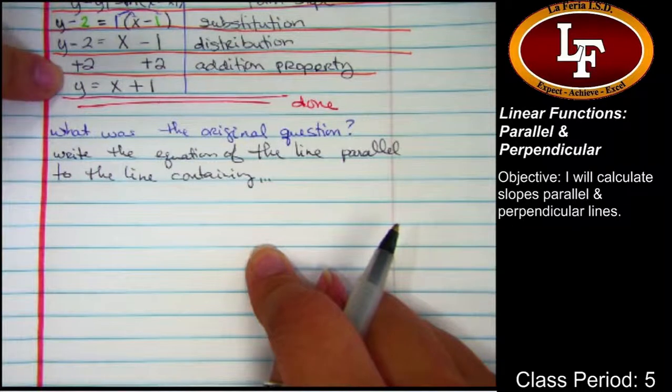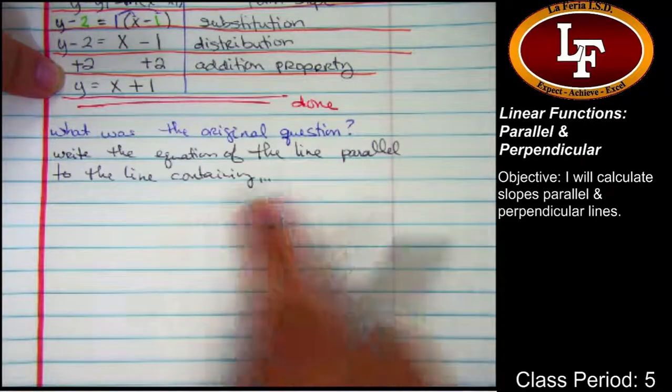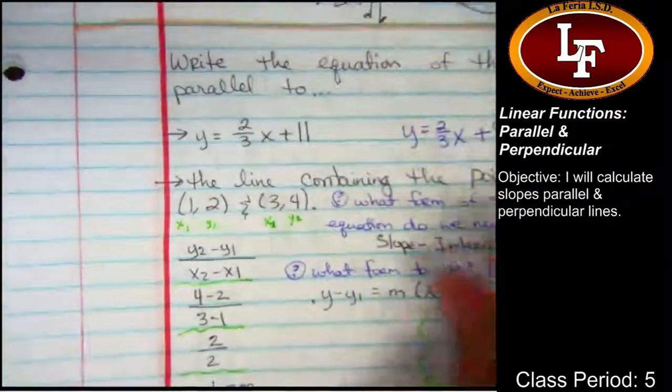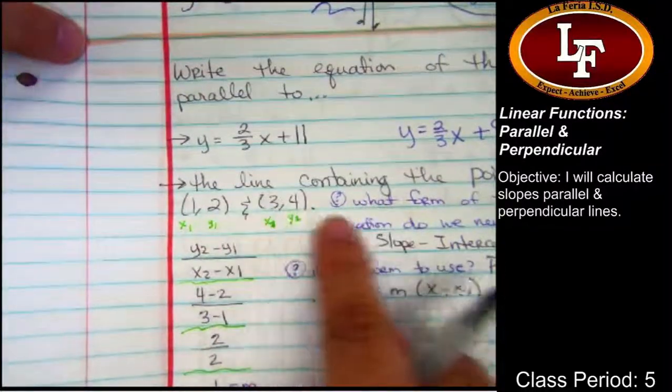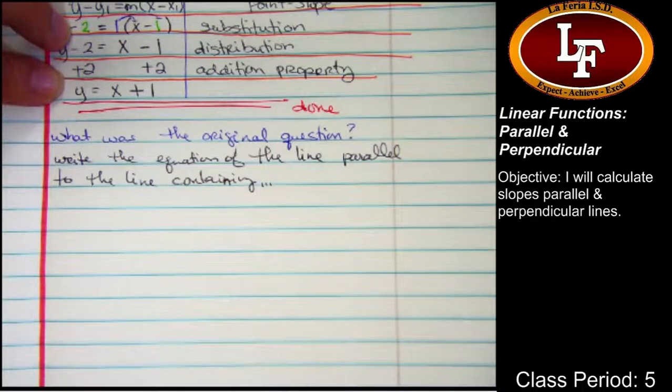So what did Parallel Man say to do? Change the B, leave M alone. M is the slope. Don't change the slope. Containing the points, blah, blah, blah, I just put the dot, dot, dot because that was yesterday's episode.